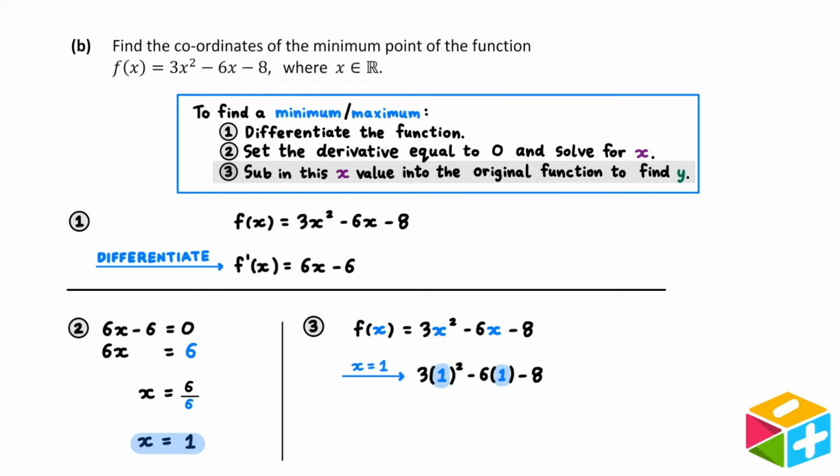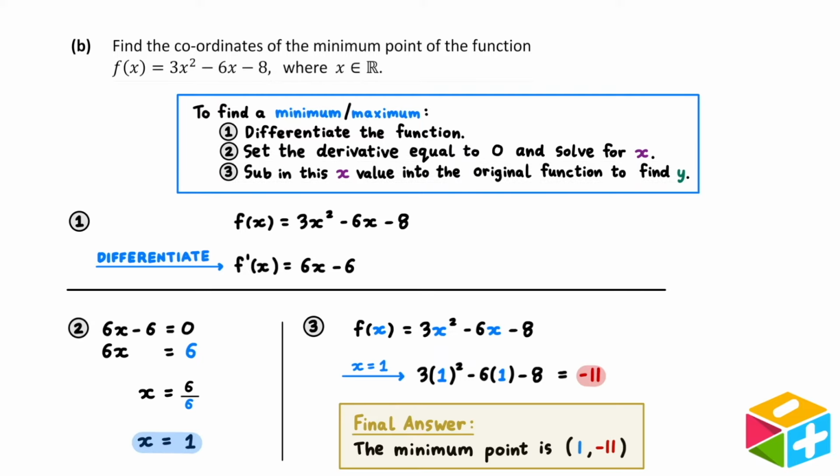We'll need to sub in x equal to 1 into this function. So we found that the x-coordinate of the minimum point is 1, and the y-coordinate of the minimum point is minus 11. So our final answer is that the minimum point is (1, minus 11).